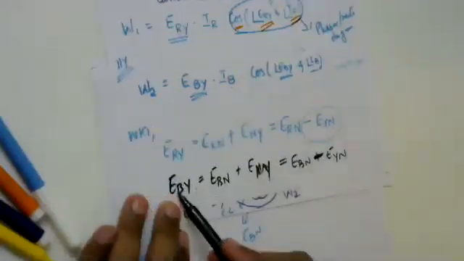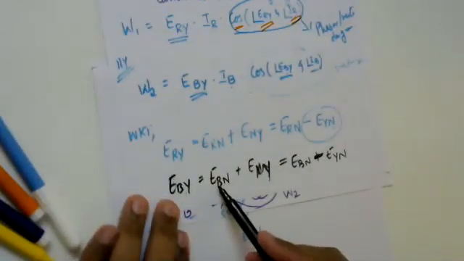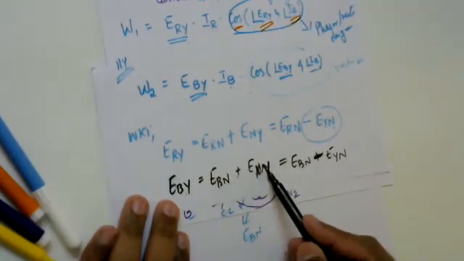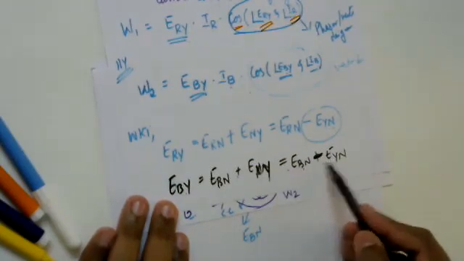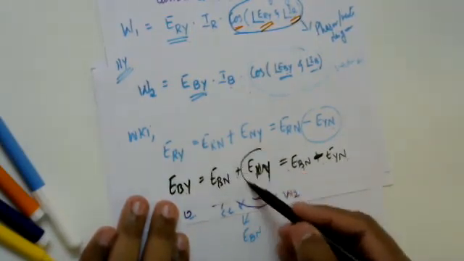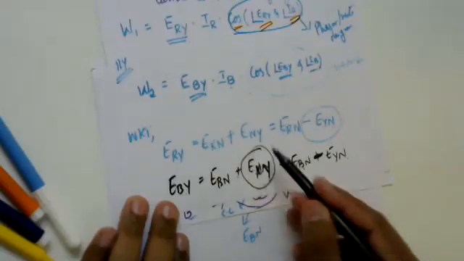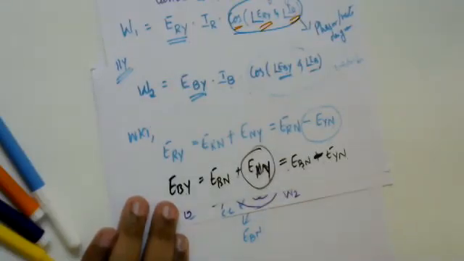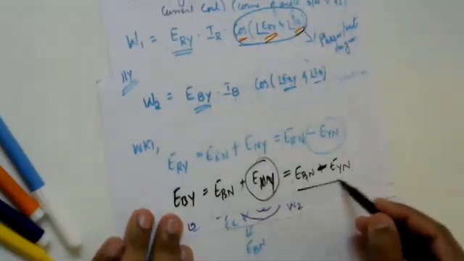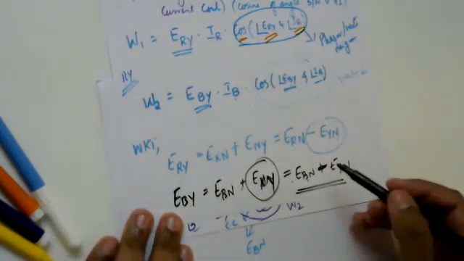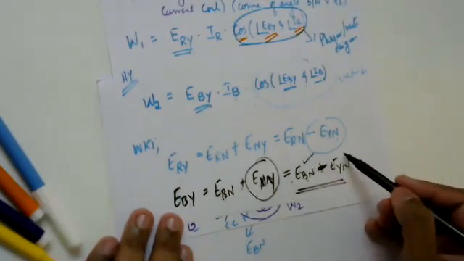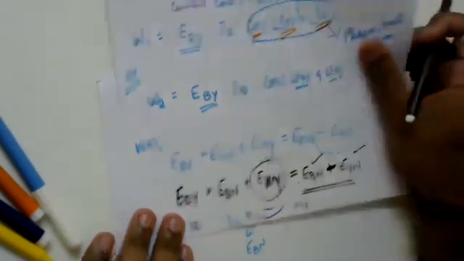So EBY can be written as EBN plus ENY, which is equal to EBN minus EYN. Since I am reversing this, this plus becomes minus. So I need to implement this particular vector. So I should have the vector EBN and minus EYN.